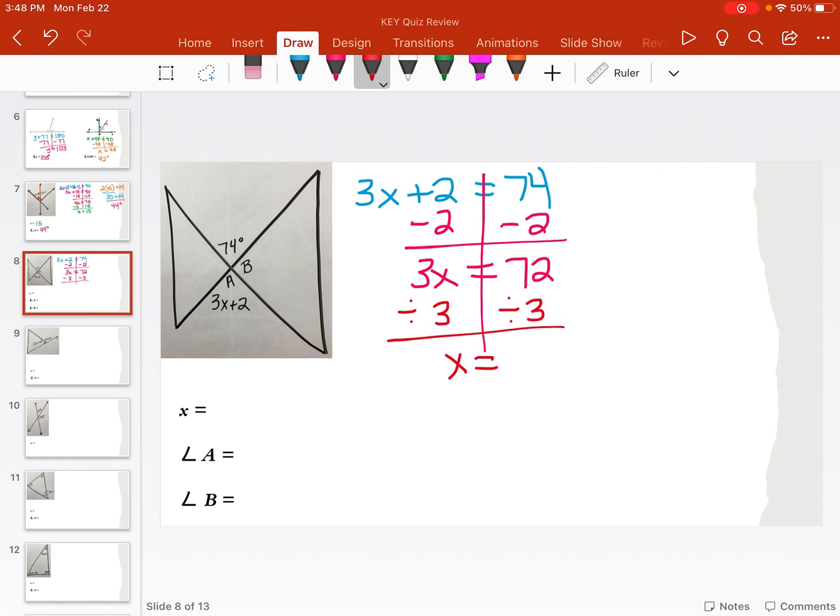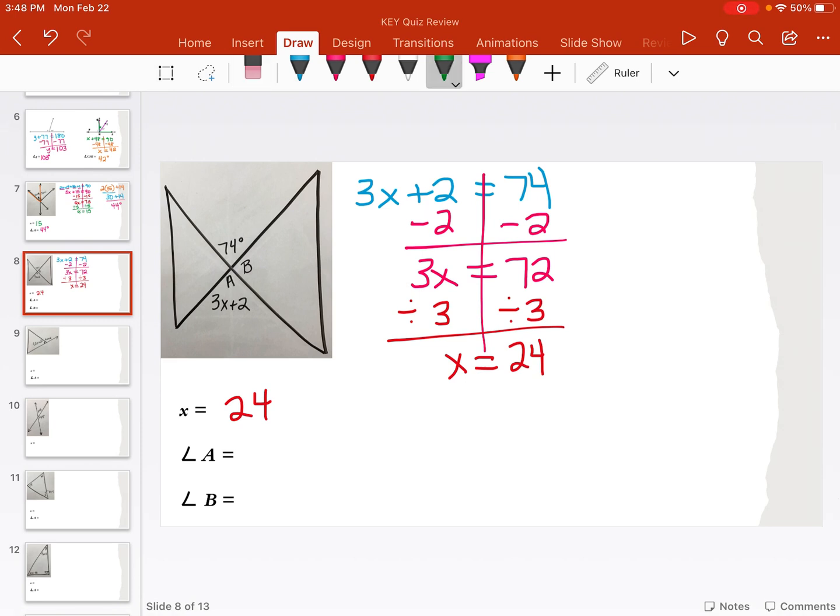So x equals, I'm not exactly sure what that is, so I'm going to do it out real quick. 72 divided by 3. Remember, you do actually have a calculator, so that would be even easier. But I'm just going to do it real quick and get 24. So x equals 24. 72 divided by 3 was 24.